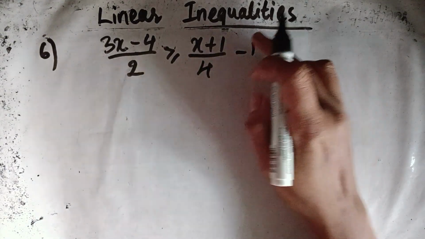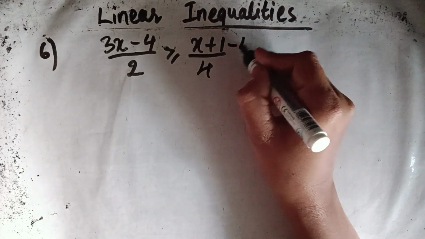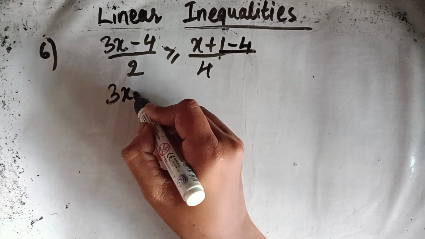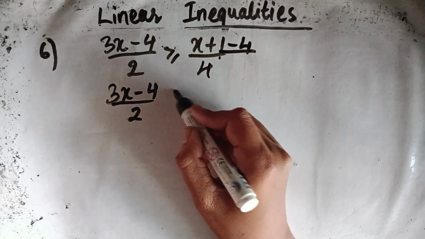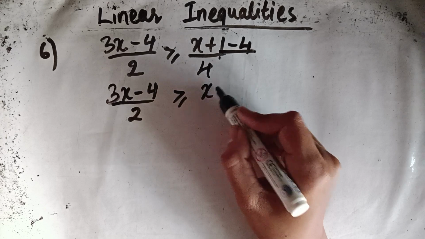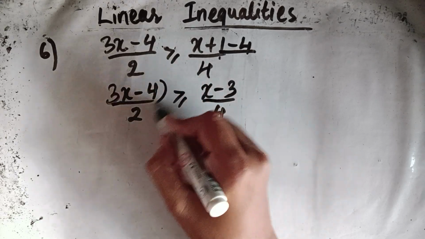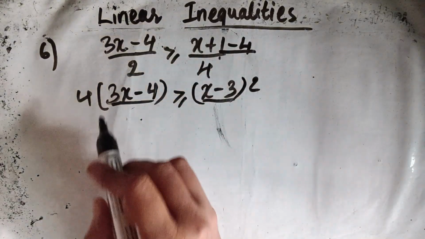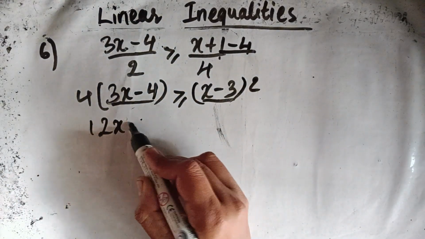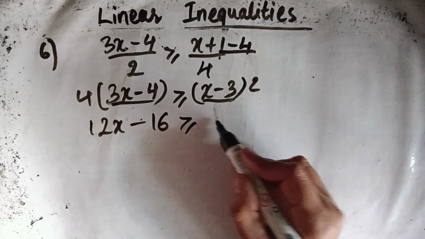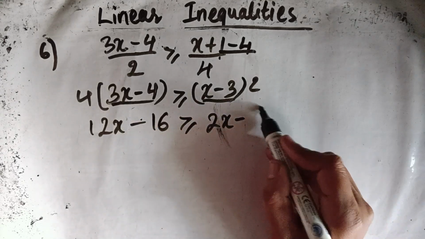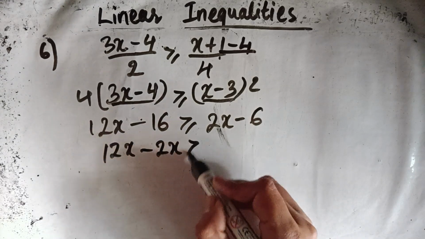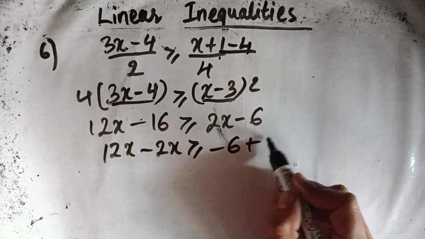Cross multiplying, (3x minus 4) upon 2 and (x minus 3) upon 4, multiplying by 4 and multiplying by 2. 12x minus 16, 2x minus 6. So 12x minus 2x, minus 6 plus 16.